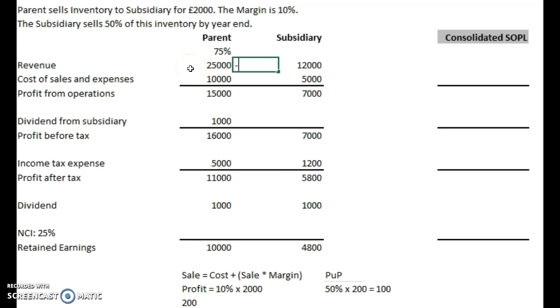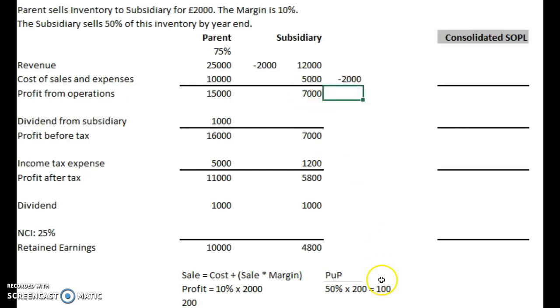We're going to have to remove £2,000 from the parent, and those two will go together. The subsidiary bought this inventory for £2,000, so its cost of sales is overstated. It bought £2,000 from itself when we consolidated. So we can remove 2,000 from here, and those two figures go together.